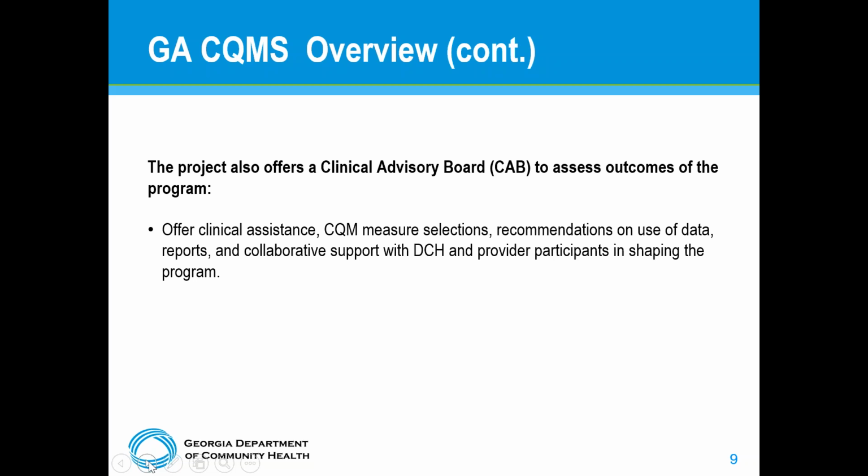Additionally, we have a clinical advisory board that meets quarterly to discuss the outcomes of the program and the initiative. What ends up happening is that they discuss clinical assistance. They look at the CQM measure selections that are in the system. There's recommendations on how to use the data and the reports, as well as collaborative support with DCH and provider participants in shaping the program, the initiative.